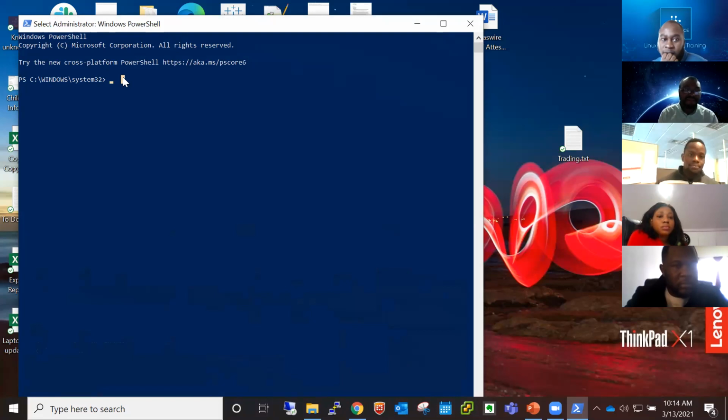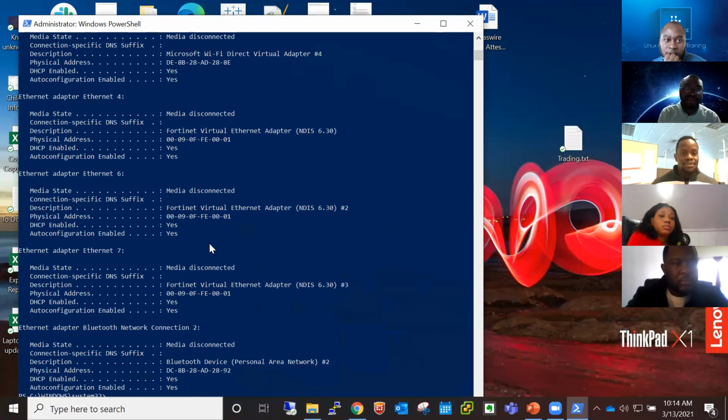Which command do we use to get the default gateway or the IP configuration of our systems? It's ipconfig. Amazing. What if I need to know more details about it? How do I go about that? ipconfig /all. Amazing, guys. Seems like you guys are doing your homework.